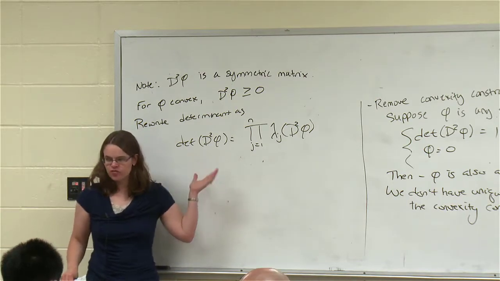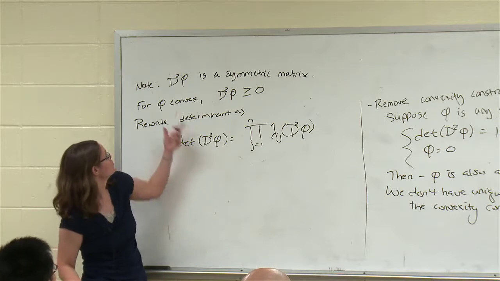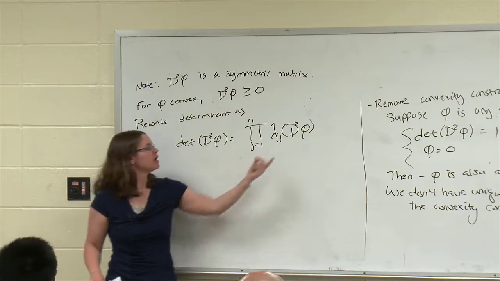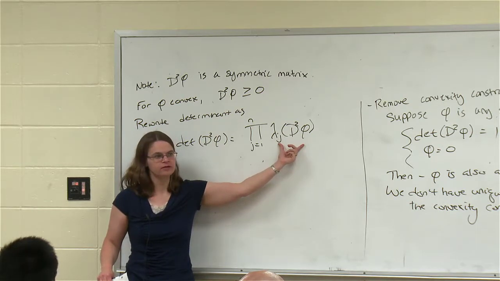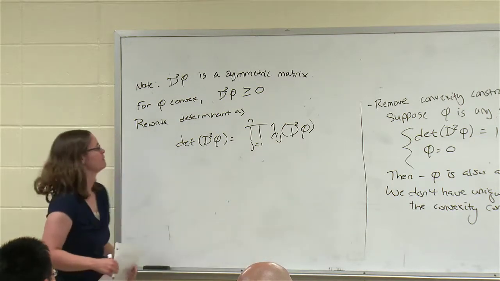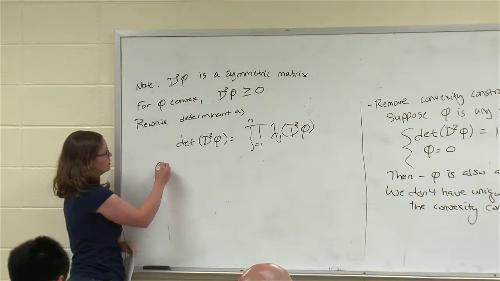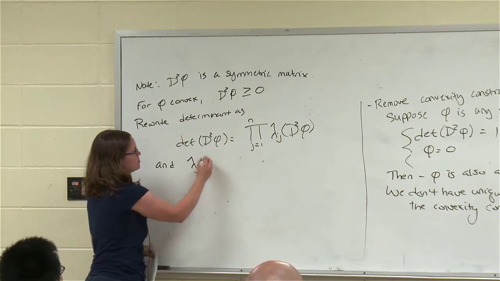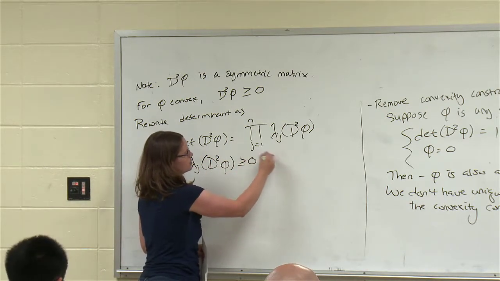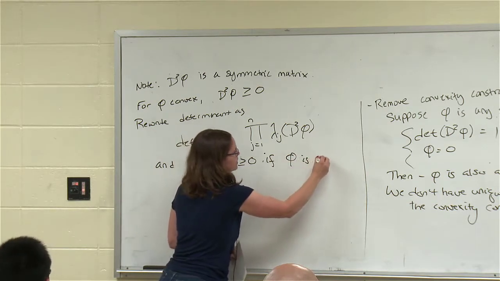Okay, and if phi satisfies the constraint, okay, so phi is convex, the Hessian is positive semi-definite, so we know about these eigenvalues what? They're non-negative. Okay? Okay, so we can say that all of these eigenvalues are greater than or equal to 0 if phi is convex.